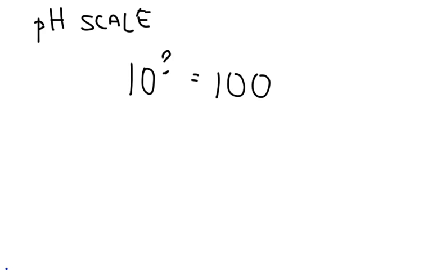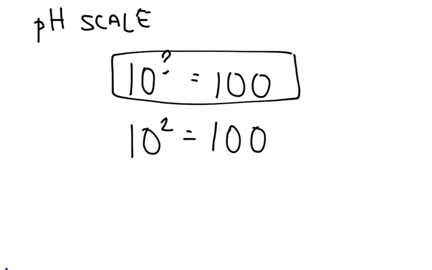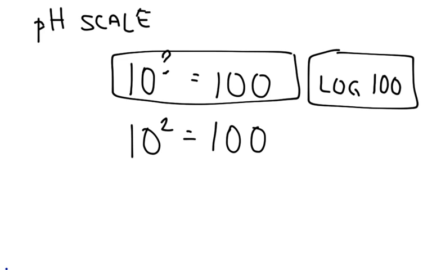So if I'm saying 10 to what number is 100, you might be able to look at that and say, well, that's easy, 10 squared is equal to 100. Well, what you are really asking in this question is the log of 100. The log of 100 is the exact same thing as saying 10 to what power is equal to 100.